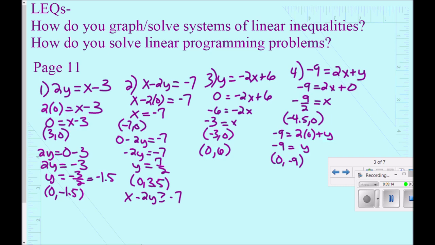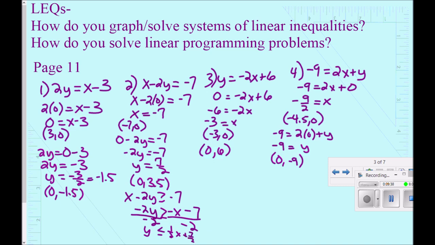So if I'm solving for y, I'm going to subtract x. And then I'm going to divide by negative 2. So because I just divided by negative 2, in y equals form, I flip the inequality, and it becomes less than or equal to 1/2 x plus 7 halves.